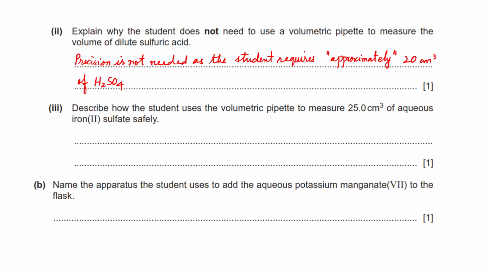Then part 3, it says describe how the student uses the volumetric pipette to measure 25 cm³ of aqueous iron 2 sulfate safely. So remember, with a pipette, either you have to suck it with your mouth, or you have to use the pipette sucker. That is a rubber blob made up of rubber. You can squeeze it by fixing it over the pipette, and that basically sucks the fluid from any beaker or volumetric flask for you.